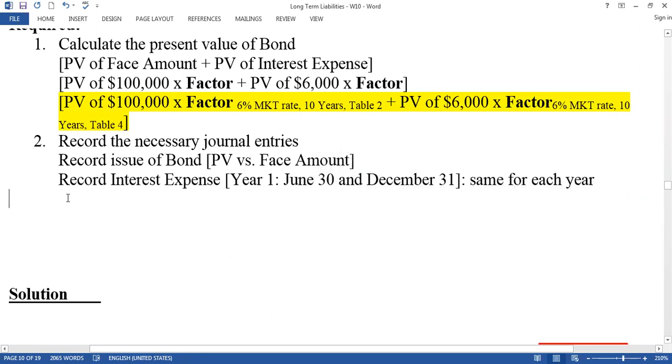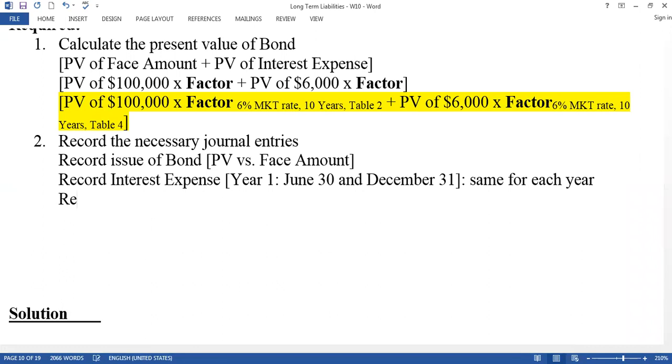Then the third journal entry is about recording the bond at maturity date. At the maturity date, we are going to return back the bond money. So here we are going to use only face amount.